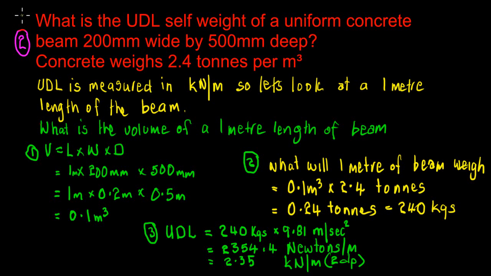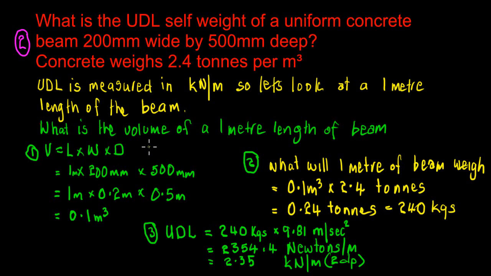What we have here is mixed units: meters, millimeters, millimeters. We must always have the same units. So we're going to convert the millimeters to meters. 200 millimeters is 0.2. Move the decimal point 3 places to the left.